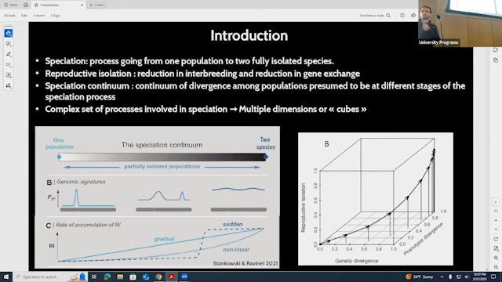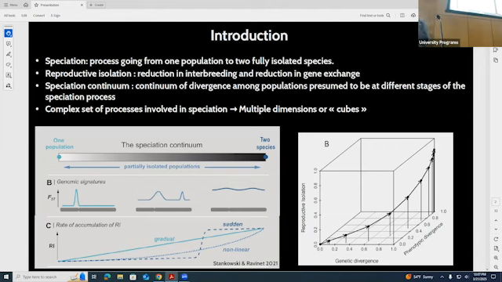Because there are a lot of different components in the process, some people have proposed to look at it in a more multidimensional way. This is just one example of a speciation cube, if you wish. You take into account, for example, the genetic divergence, the phenotypic divergence, and the reproductive isolation, which is a more integrative way to look at the process.